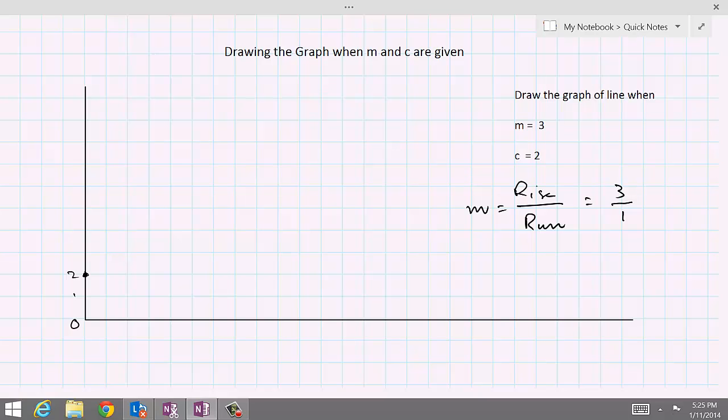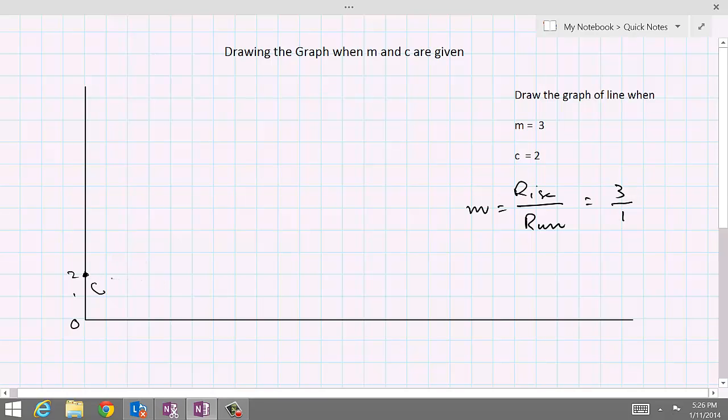That is 1. We know that the straight line passes through this y-intercept 2, so let's name this point C. If this is 1 point, now let's run positive, because there is no negative sign in the denominator, so it's positive.